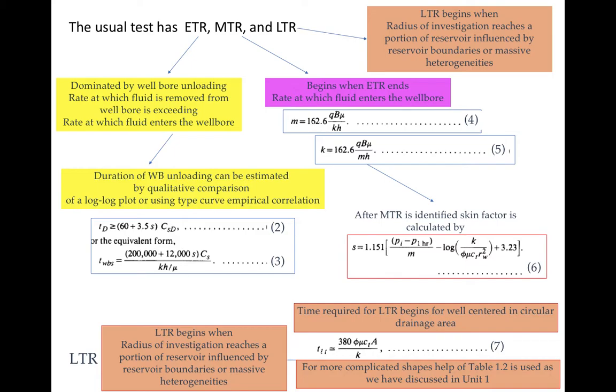However, if the shapes are complex, for complicated shapes, a similar exercise as we did in unit 1, table 1.2, is used to estimate the time for which the reservoir is infinite acting and the time for which the boundary effects are felt, right?